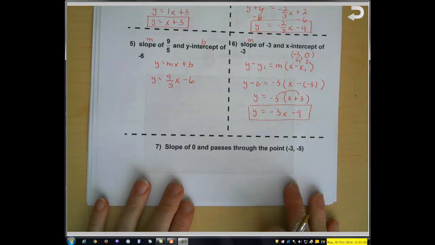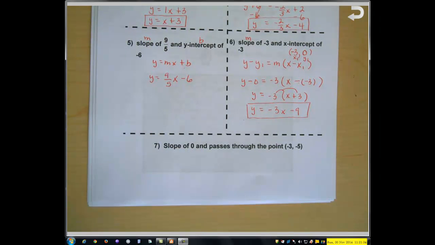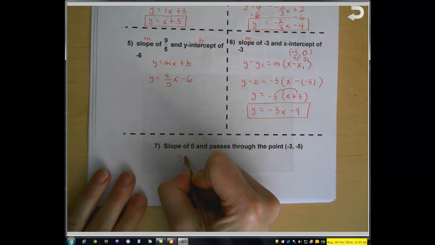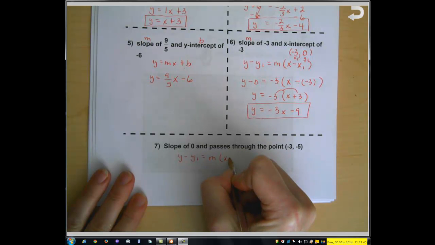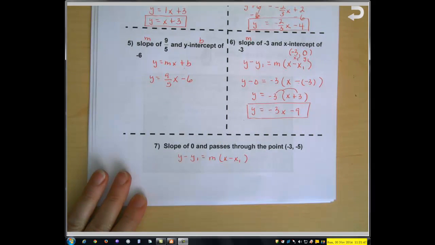Okay, try the last problem on your own. This one has a slope of 0 and passes through the point -3, -5. I'll start you out with your point-slope form equation.